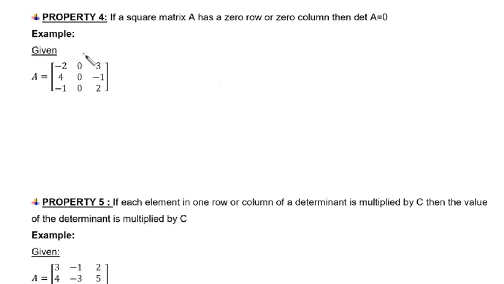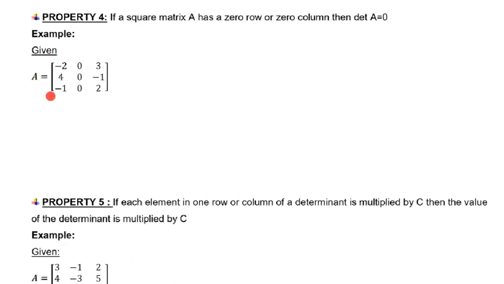So, next, the property 4. So, if a square matrix A has a 0 row or 0 column, then the determinant of A is equal to 0. So, pag meron daw tayong row or column na 0 ang element niya, yung determinant ng matrix natin is equal to 0.